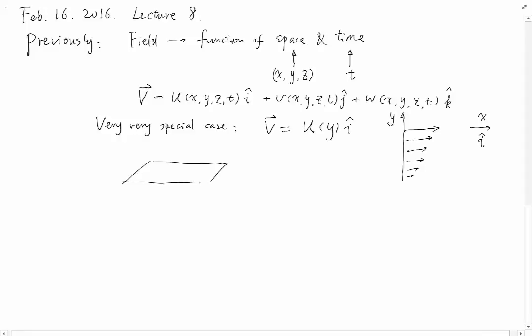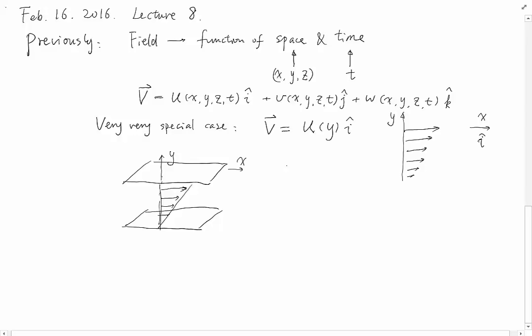If we draw it in 3D, we have two plates, and we will have this kind of velocity profile, and this is our x direction and this is y direction.